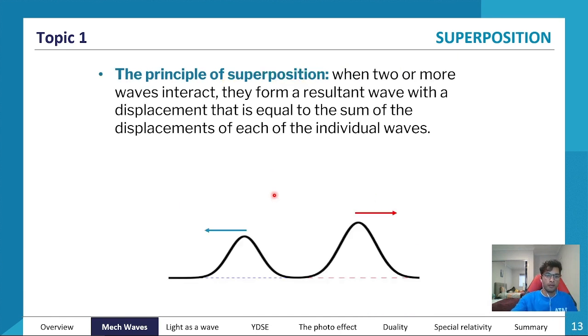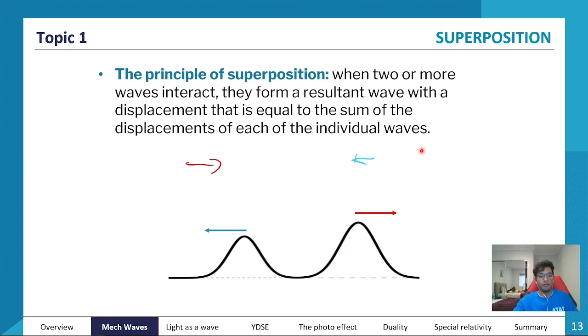So what happens is that the 2 waves, they sort of pass each other, and they just continue as they were. So if you remember that this red wave was on the right hand side, and this blue wave was on the left hand side, they keep traveling and then just pass each other like nothing ever happened.